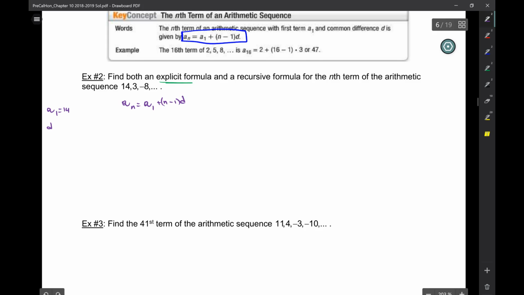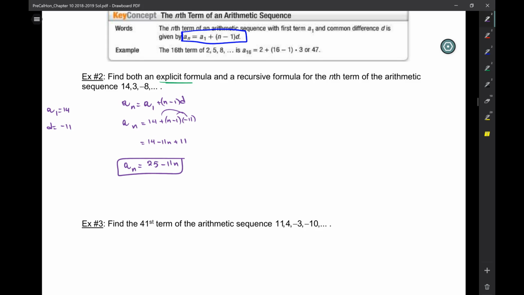How much is D here? Negative 11. Okay, let's put all that in. AN is equal to 14 plus N minus 1 times negative 11. I'm going to distribute. So that's 14 minus 11N plus 11. So A sub N is 25 minus 11N.